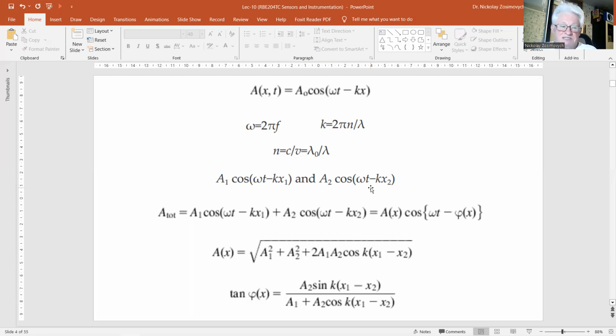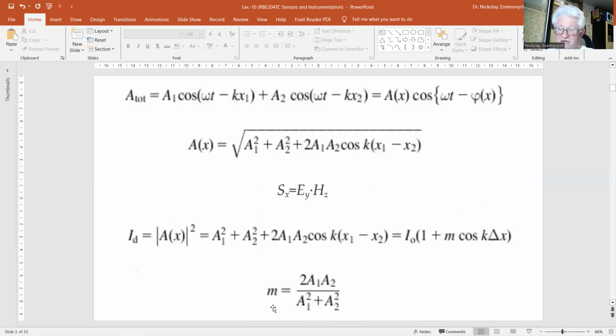So the wave functions are added, as you can see in the next equation for A total, where the equation for A from x and t looks like the next equation that we get. After some transformation, we can get the expression for tangent phi from x.